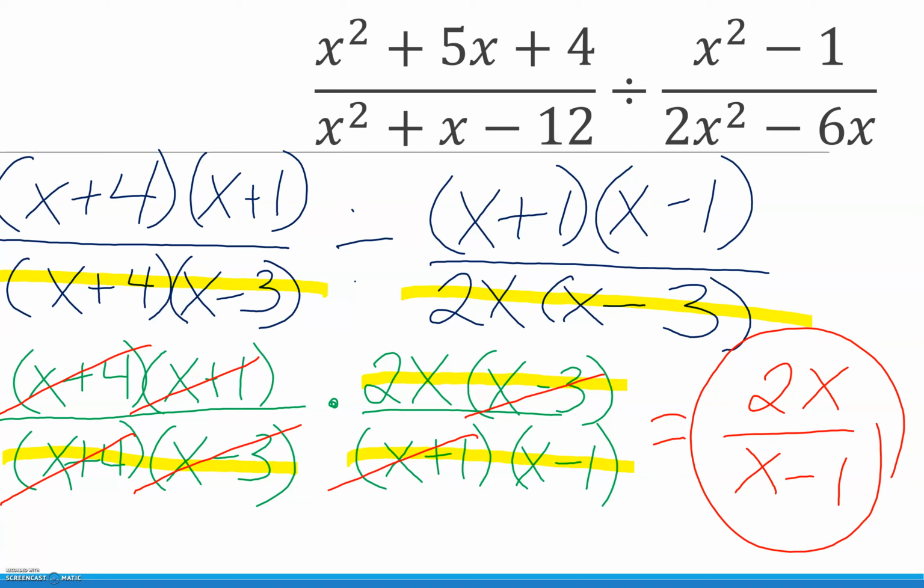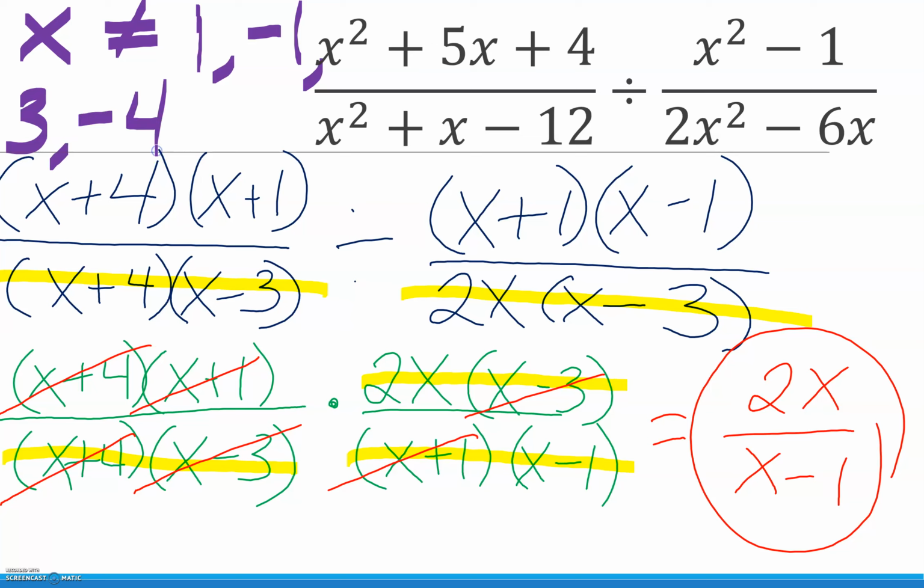So x cannot equal 1, it can't equal negative 1, it can't equal 3, it can't equal negative 4, and it can't equal 0 because of that 2x there. So we have several restrictions on this one.